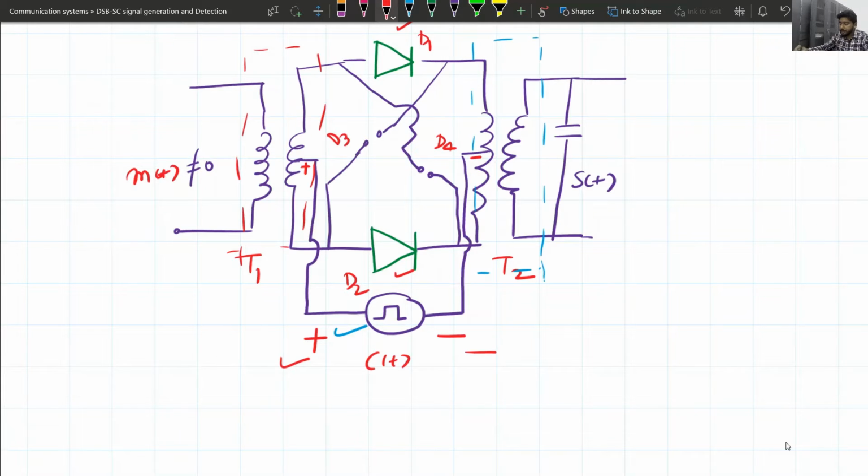In that case, D1 and D2 are forward biased.